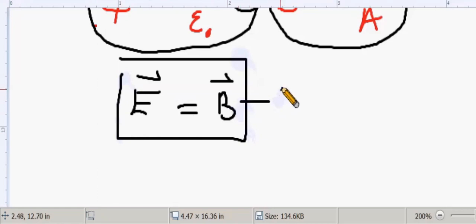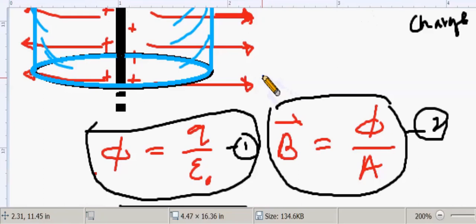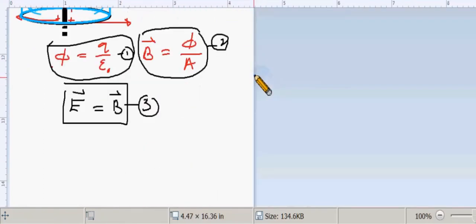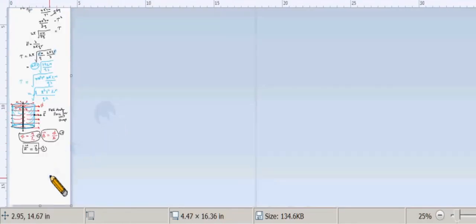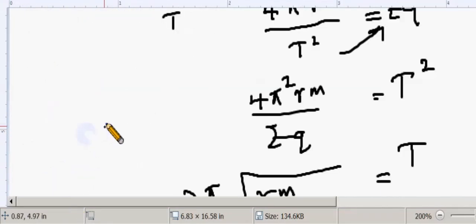So using these three equations, we can find out field intensity. So let's do it now.